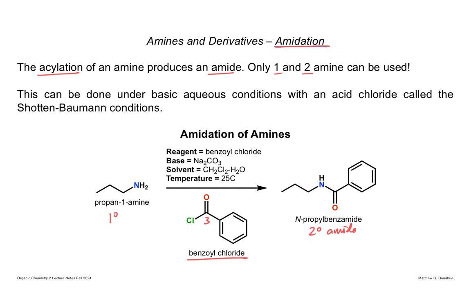And so sometimes this is called loss chemistry, where we're losing an H and Cl, so that's why we're using base, and we're using a biphasic mixture of dichloromethane and water, where essentially the organic product stays in the dichloromethane and the inorganic stuff goes into the water. So notice the retention of oxidation state 3 in the amide from the reagent that we're starting with.